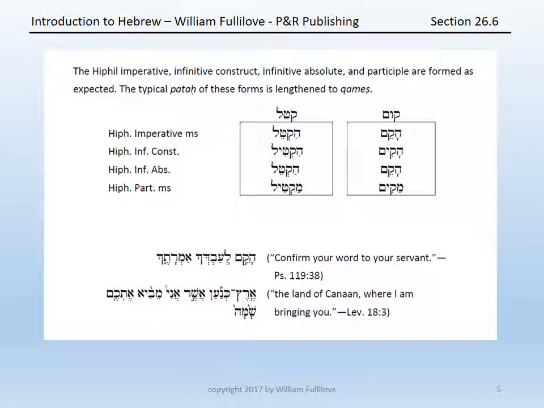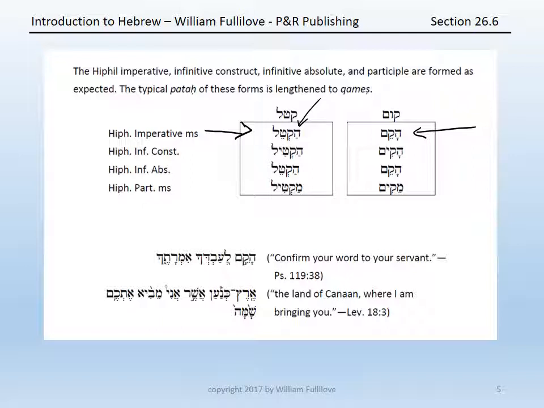Compare the forms of katal to the forms of kum. The hiphil imperative masculine singular of the strong verb katal would be haktel. Remember that when the imperfect's prefix is removed, the hay of the hiphil returns for the imperative. With kum, we have hakem.